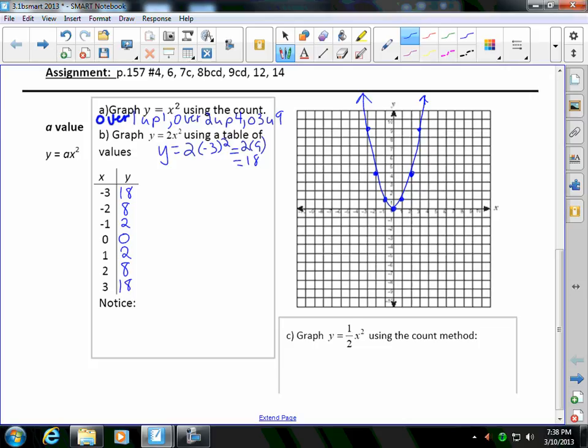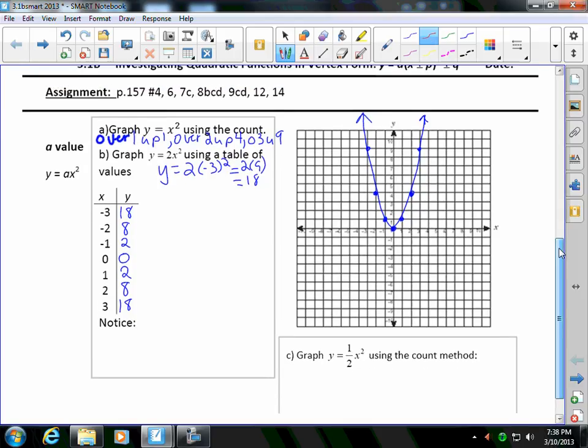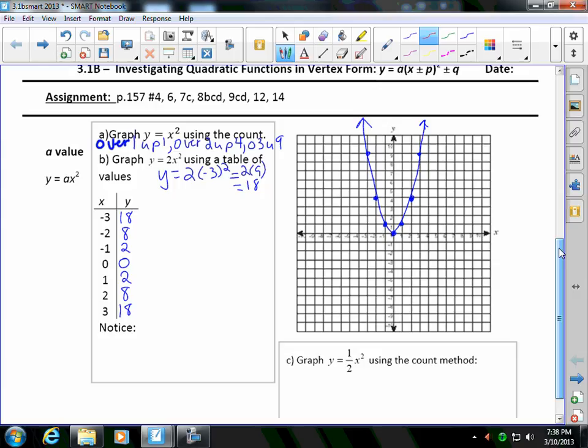So now if we go and plot those ones, I'll do that in another color. We start at negative 3 and 18. Well, I don't have quite up to 18 on this one, so I'm just going to move it up a bit, and we'll set it somewhere, say up here.